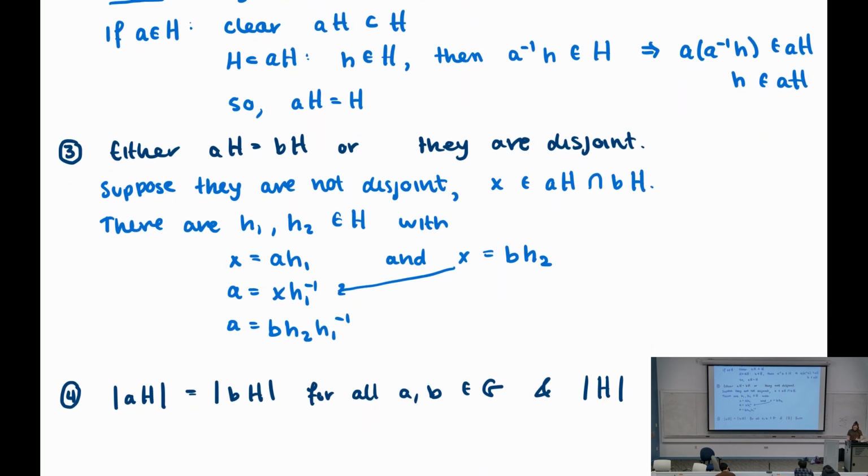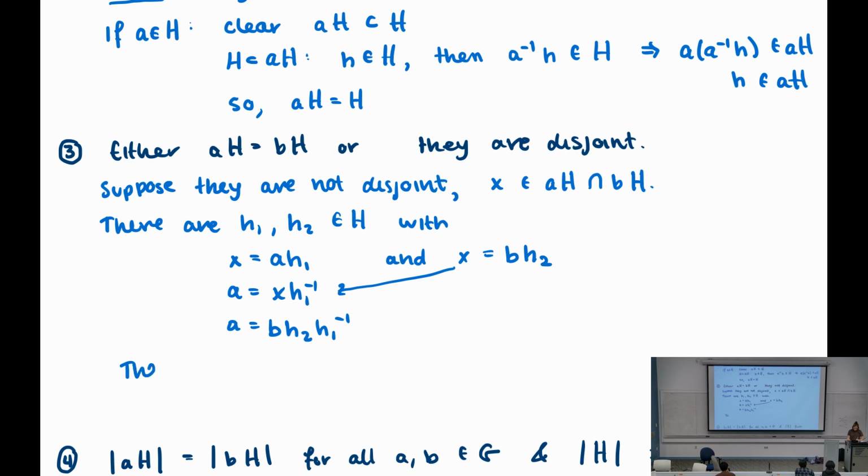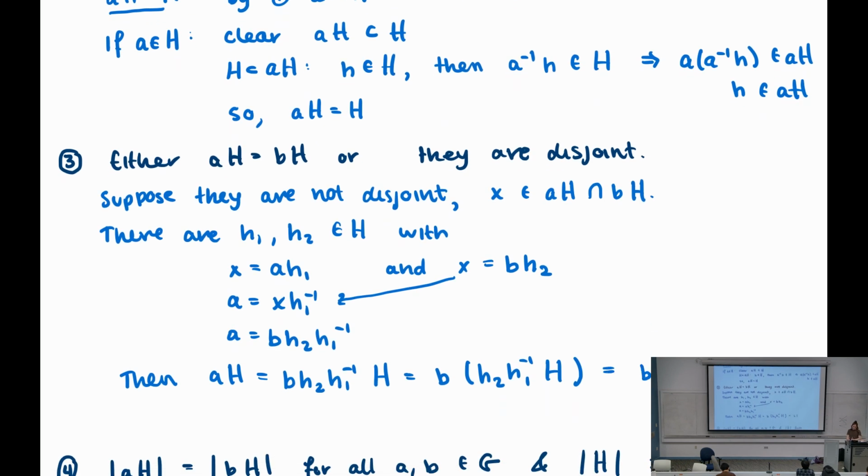And so what does that mean? We have that AH is equal to B h2 h1 inverse times H. Then by property 2, this property that we already proved, basically H can absorb anything that's already in H. So this is equal to BH.